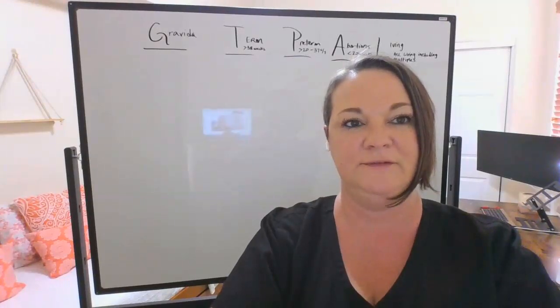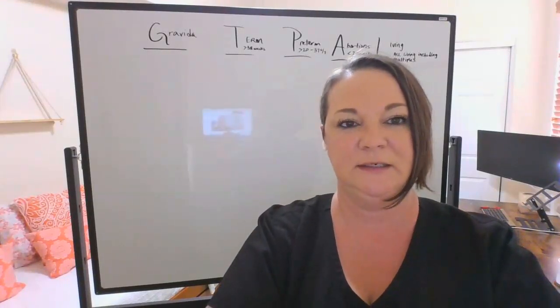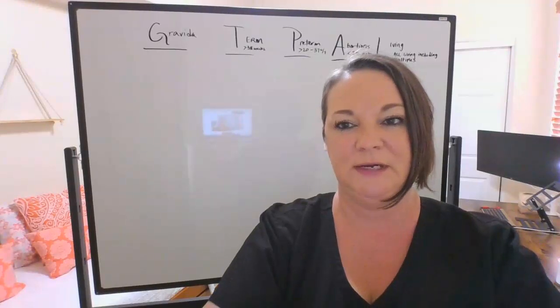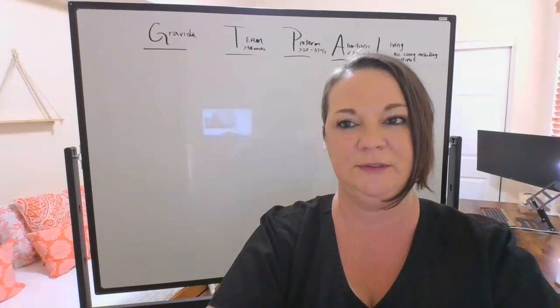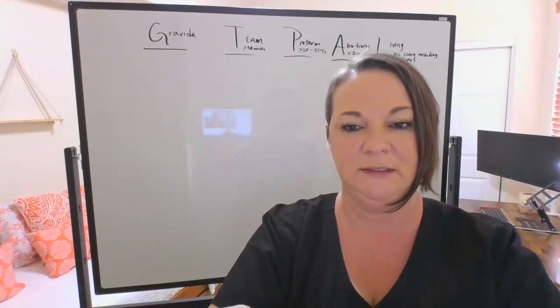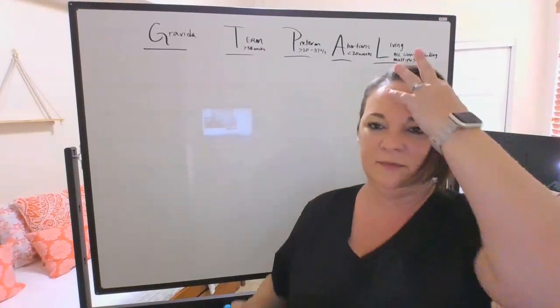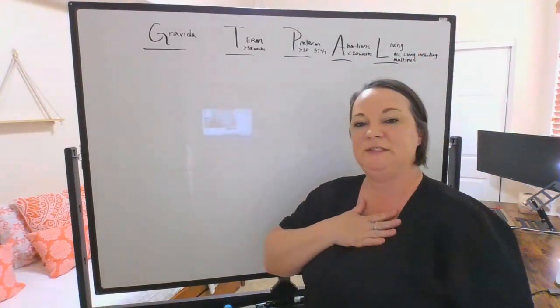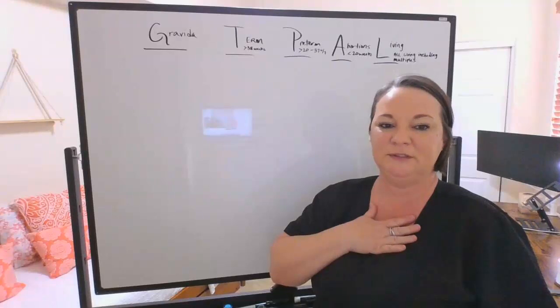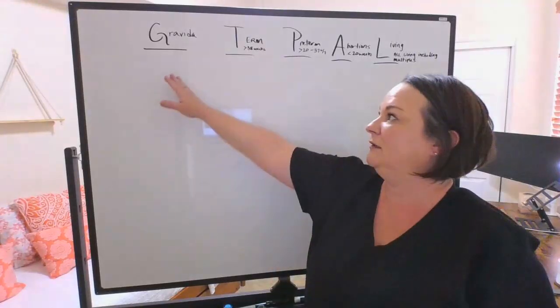In Canvas, you do have some practice GTPALs, so that you can go through and practice how you would respond on a quiz. But we're going to do a couple examples. When I am trying to find out a GTPAL on my patient, I will write out GTPAL on my paper.